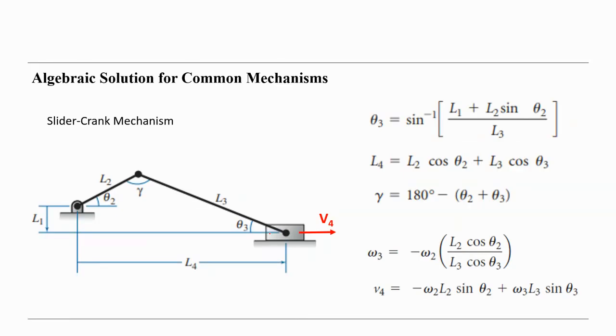Okay, so there is another method to calculate the speed for the 4-bar mechanism, and we call it the algebraic solution for common mechanisms. Common mechanisms, you may remember, we discussed at the beginning of our lessons. Two mechanisms are very common, the slider crank and the crank rocker mechanism. For the slider crank, we had two types, inline and offline, and this is an example of offline here.